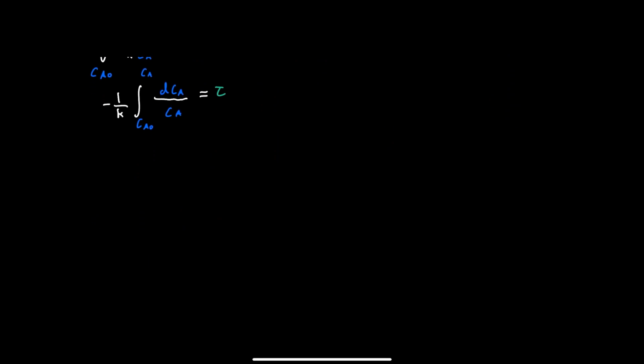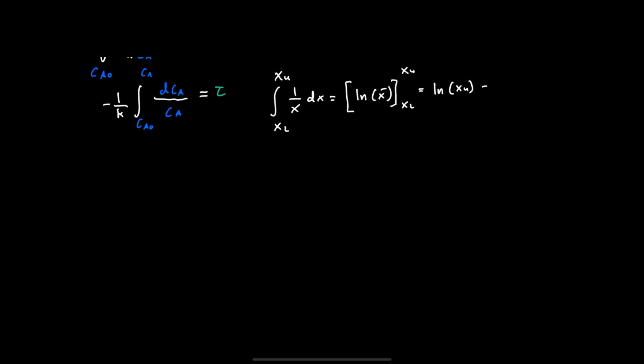So as a reminder, the integral from a lower boundary xl to an upper boundary xu of 1 divided by x dx will result in the natural logarithm of x, where we insert the upper and lower boundaries, resulting in ln of upper boundary xu minus ln of lower boundary xl.